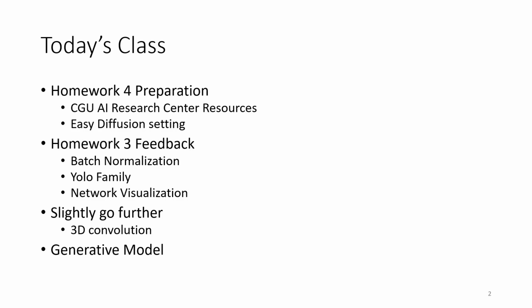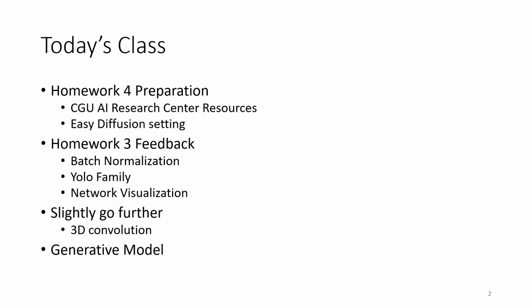And then I will go further into your homework 3 reports, because I found that none of you trained a model for action recognition. Most of you trained models for image classification. The difference is, I will say it later, images are 2D data, but actions or videos are 3D data.